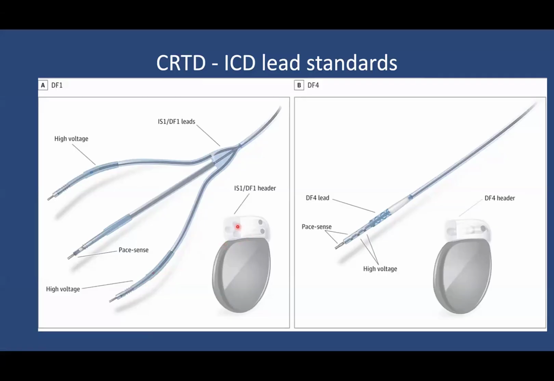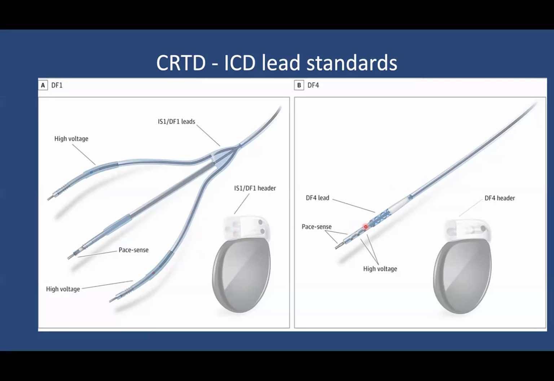And it would be connected to a 3-point header. So you'd have 1 point for the IS1 and 2 points for the SVC coil up at the top and the RV coil at the bottom.